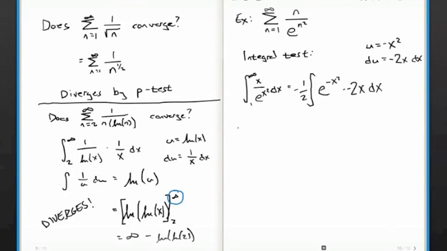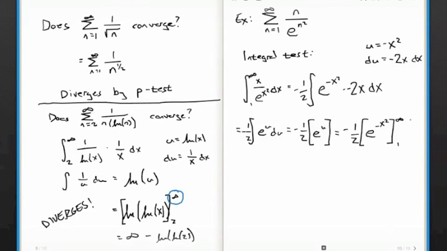So this thing becomes my integral, negative 1/2 of e to the u du, which equals negative 1/2 e to the u, and when I back substitute, it's negative 1/2 e to the negative x squared, evaluated from 1 to infinity.